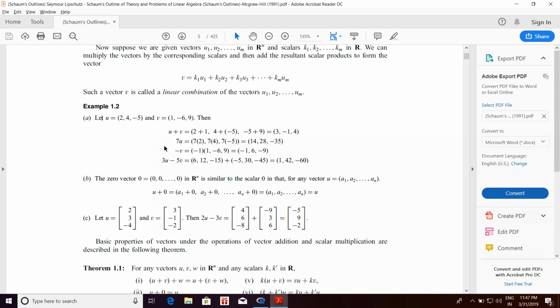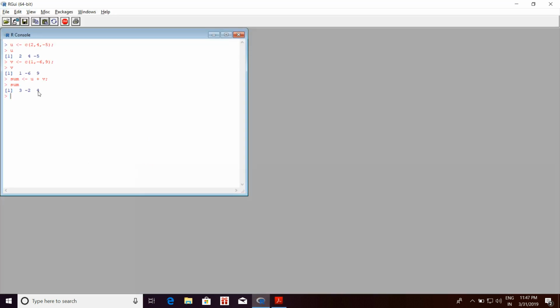In the second example we have 7u, so we have maybe mul.u.